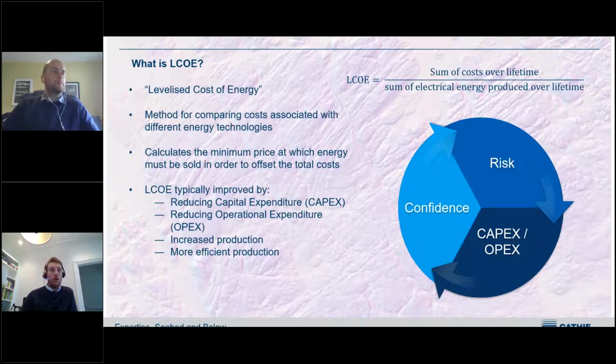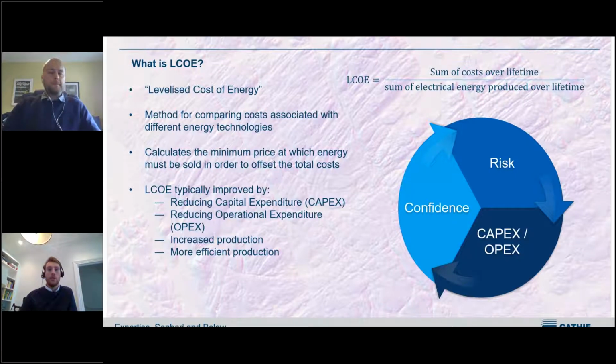Your LCOE is typically talked about as the minimum costs you expect to recoup over the lifetime compared to the overall sum of the costs presented, and you've got the little calculation on the slide there. It's used across all energy markets, wind being one of them, which we're mainly talking about, offshore wind, today. But it's used across all different energy markets as a bottom line.